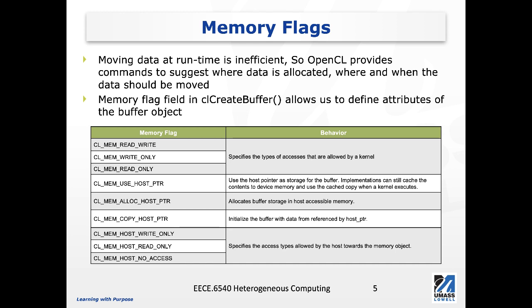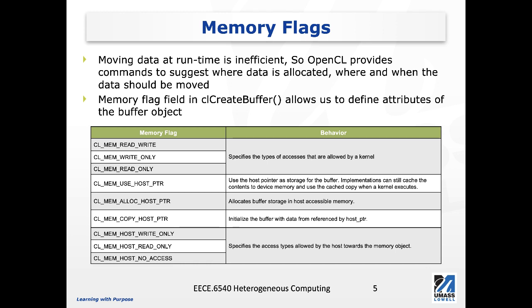We use the clCreateBuffer API to create a buffer object. And this table lists the memory flags that we can use to define the attributes of the buffer object. We're going to go through this table very briefly, and we're going to show you examples later.